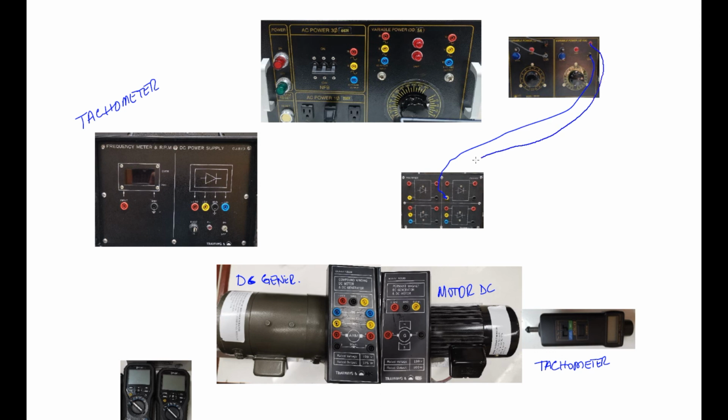I'm going to supply my rectifier from this side and get the variable DC, because the AC itself is variable using this knob, from 0 to maximum and back to 0. Here we're going to supply our motor, but keep in mind the polarity, please: plus with plus and minus with minus. So this is step number 1.